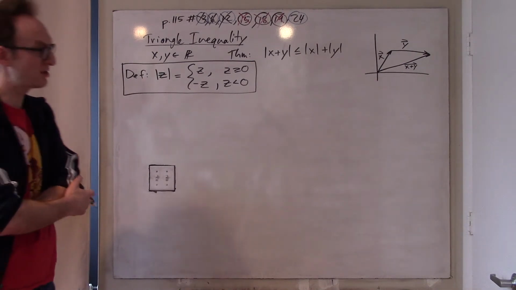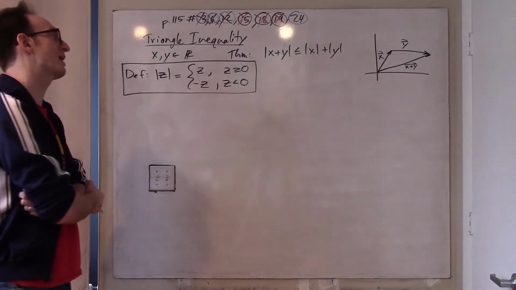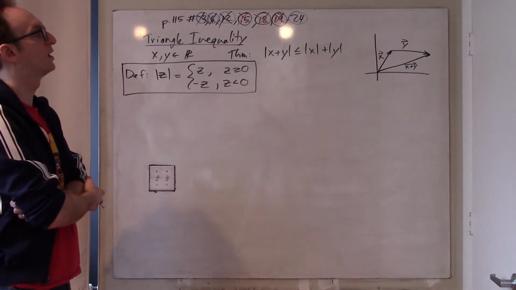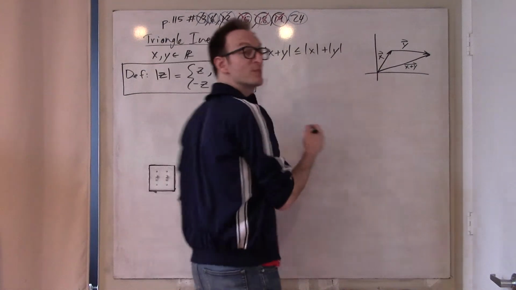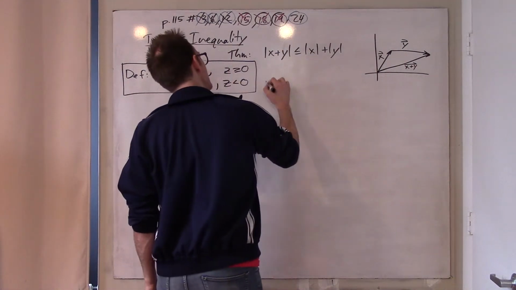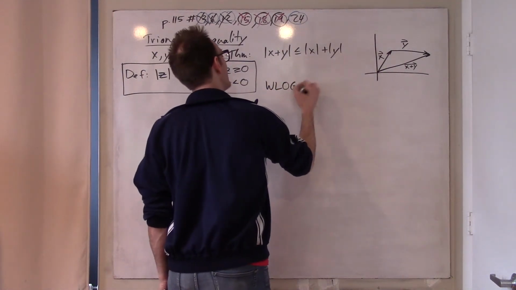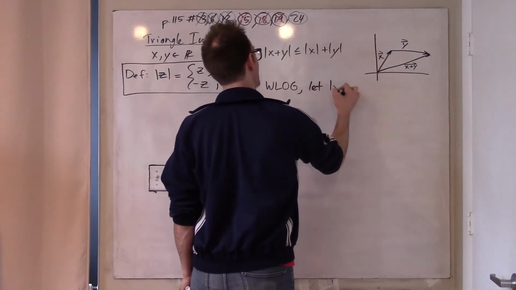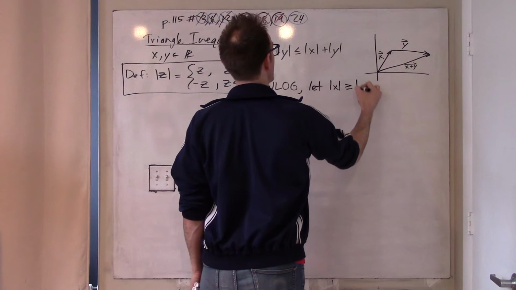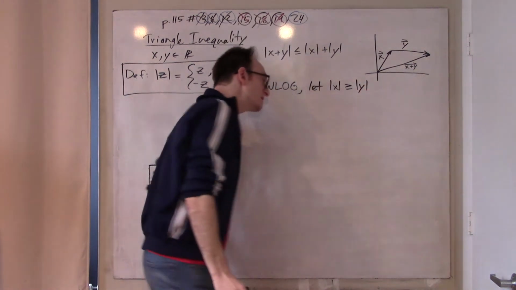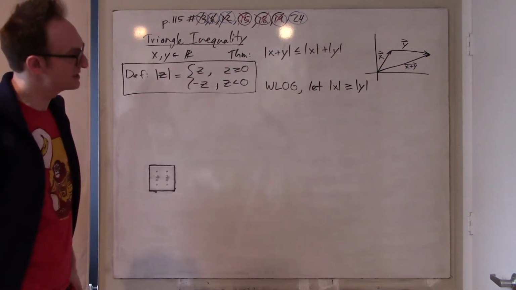But that wasn't enough, because I also cared about which was bigger, x or y. So what I did, as I explained today in period 8, is say, without loss of generality, let the absolute value of x be greater than or equal to the absolute value of y. So let's just agree that x is the bigger one.